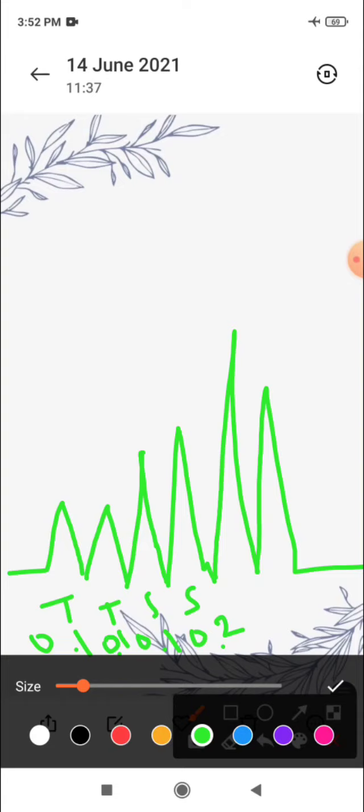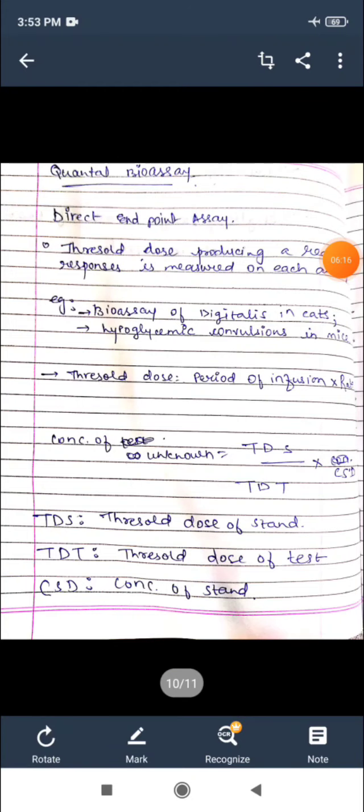So the next is the test sample. Okay, so 0.8 gradually increasing, and then 0.4 and 0.6. In this way we gradually increase the dose response of the 4-point bioassay.